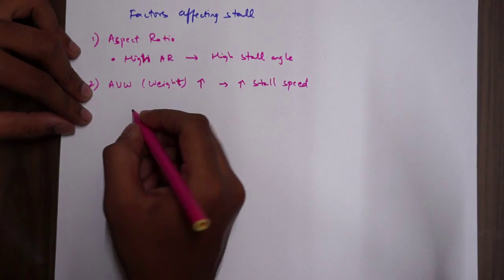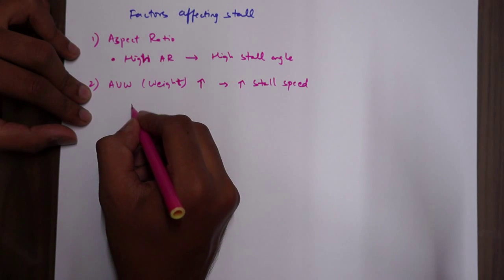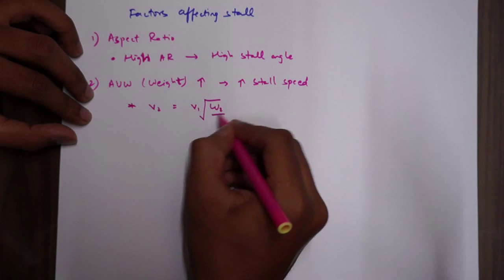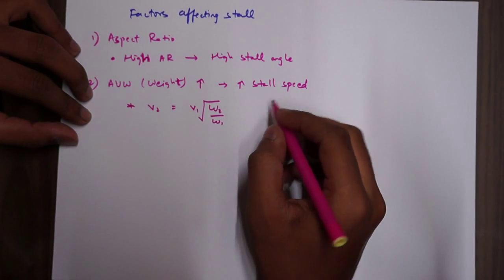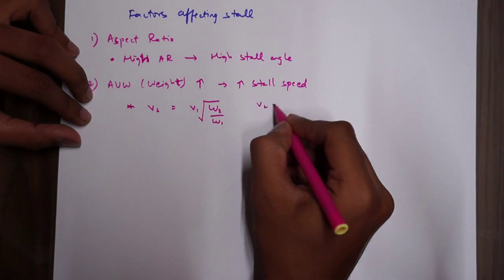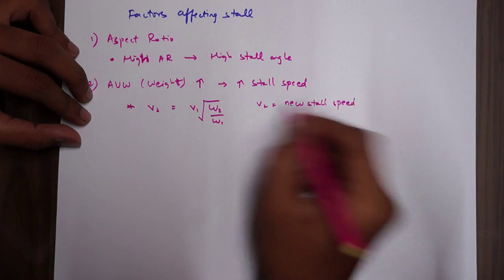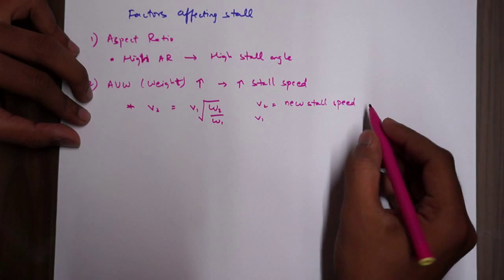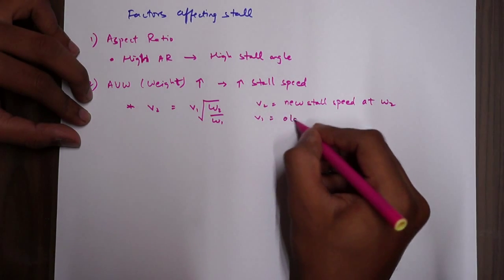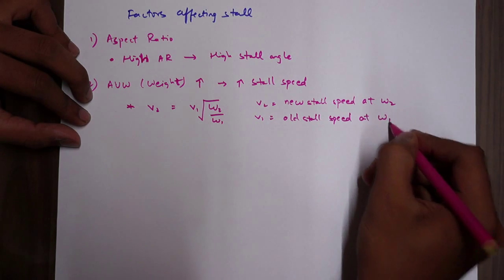This is governed by the formula V2 equals V1 times the square root of W2 by W1, where V2 is the new stall speed at W2 weight, and V1 is the old stall speed at W1 weight.